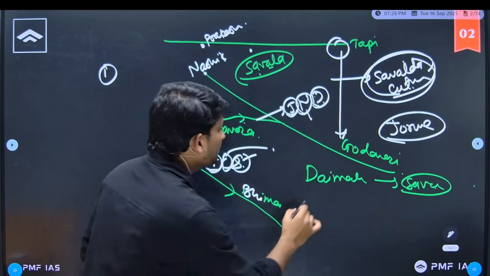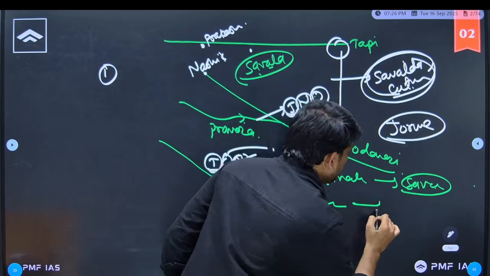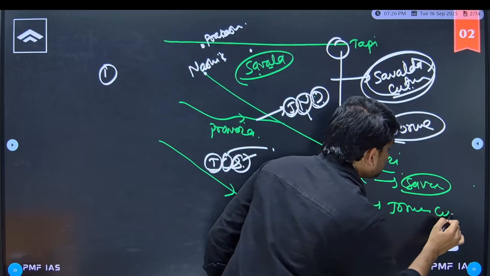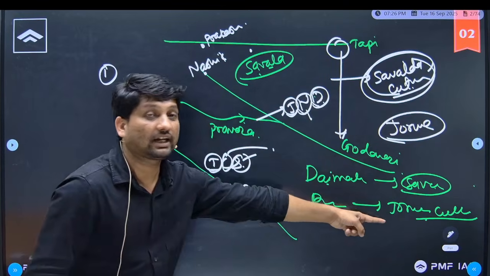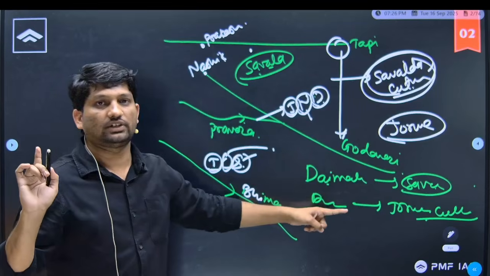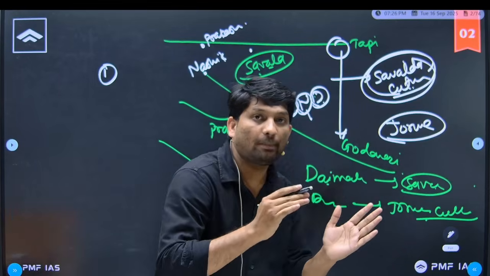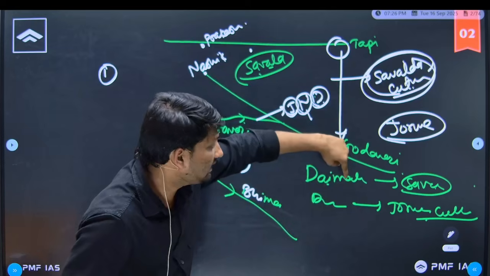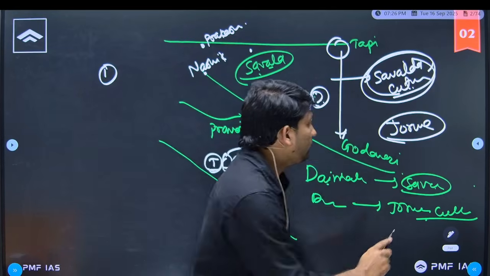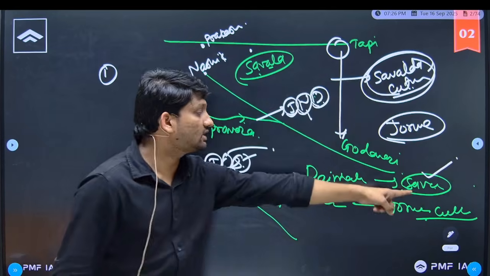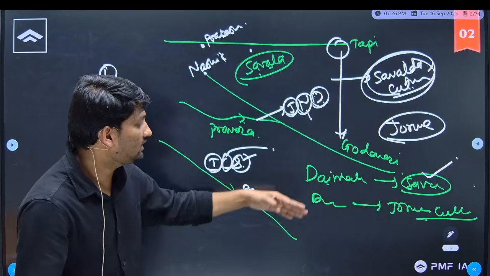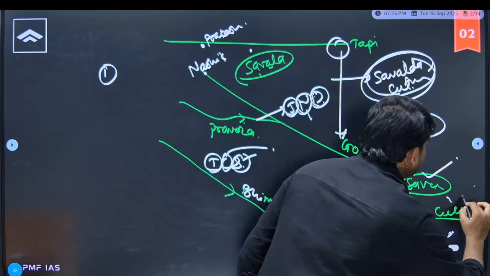After some time, the same Daimabad will show evidence of Jorwe culture, because these are basically Chalcolithic cultures. Both are based on copper plus stone. But initially in Daimabad, they have a different way of life. It shows Savalda culture, and in the next phase they have a different way of life. They show Jorwe culture.